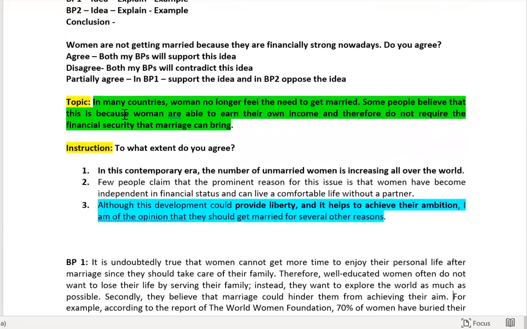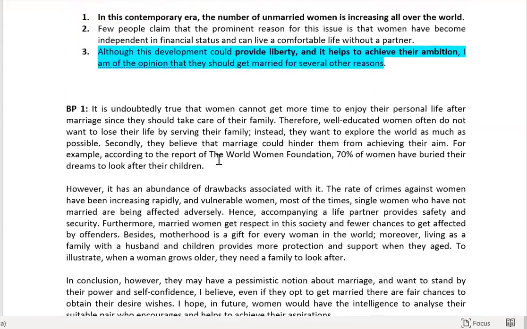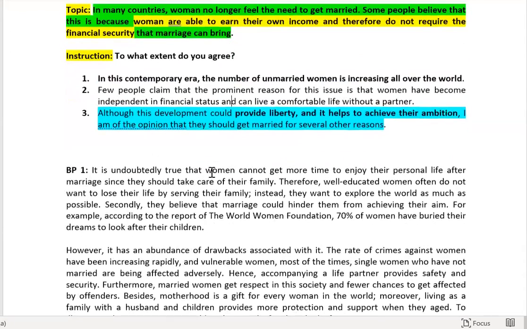How can this guy miss this point? They earn, women are able to. Where is this part covered? He's not talking about it in the whole paragraph. For example, according to the report of the World Women Foundation, women have prayed their dreams to look after their children. So, where is this in the whole BP?